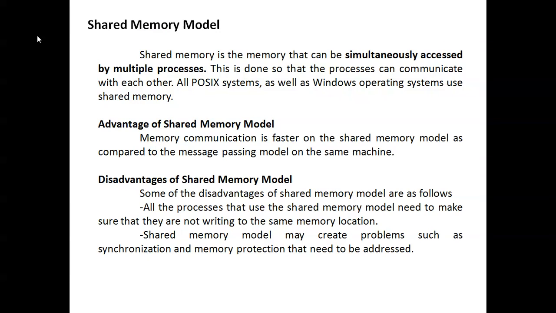So the next one is the shared memory model. In the shared memory model, memory is simultaneously accessed by multiple processes. The advantage of the shared memory model is that communication is faster compared to the message passing model on the same machine.